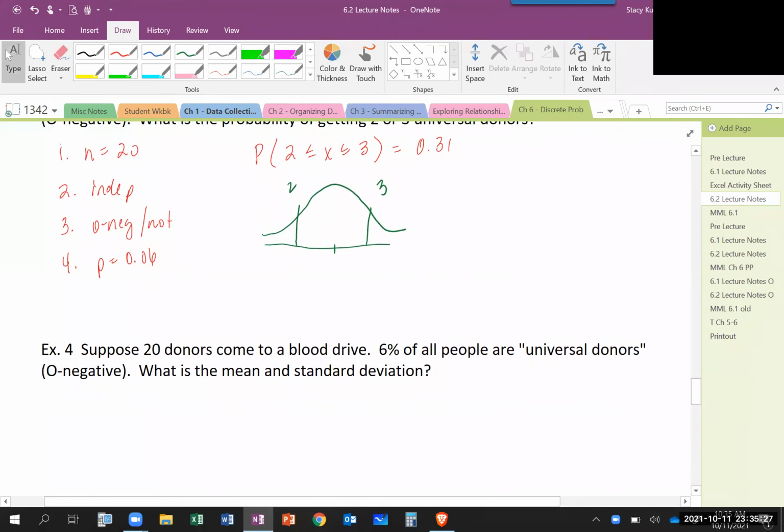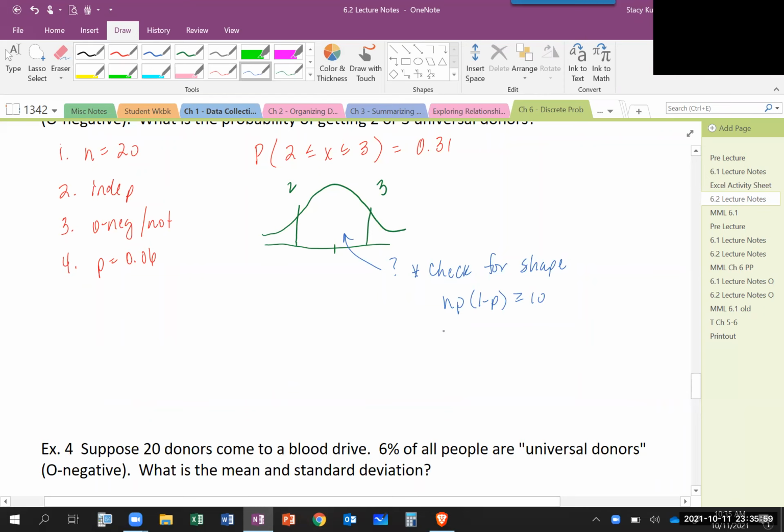All right, so that was our probability here. Before we go any further, because we now know that's not the shape, but I could have checked this number before. So if I want to check the shape of our distribution, I'm going to take N, multiply it times P and 1 minus P, and see if it's greater than or equal to 10. So N in this case was 20, P is 0.06, and 1 minus P is 0.94.